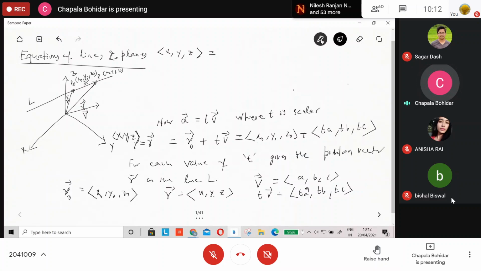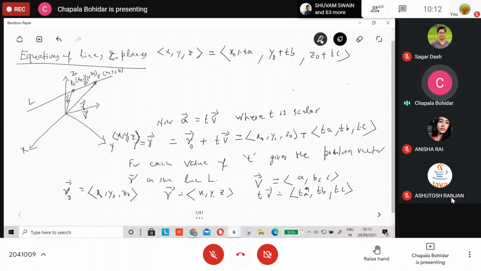So I can write down the components by taking i, j, k: x0 plus TA, then y0 plus TB, then z0 plus TC. Is it clear? Yes, ma'am.